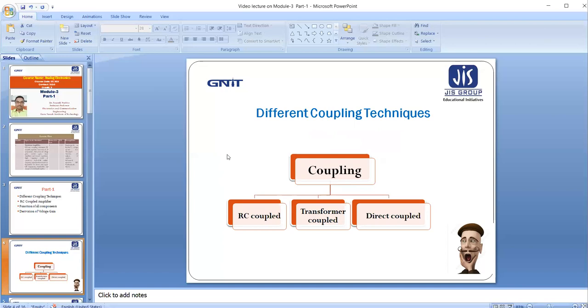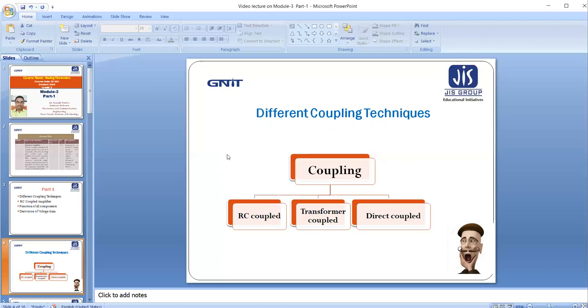This concept is applicable in practical amplifiers, because in a single stage amplifier, whatever we have learned in our module 2, we had calculated voltage gain, current gain, power gain, etc.